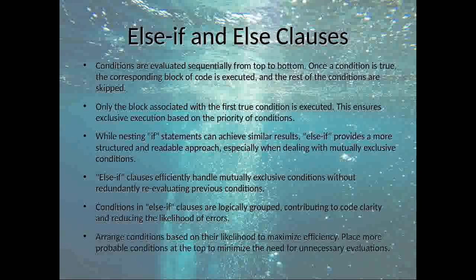And then the next most likely into the else if, and then the not as likely in the else, so that it's more efficient because it goes straight into the first true condition that it finds. And if the very first condition is the first true condition, it short circuits a lot of evaluation.